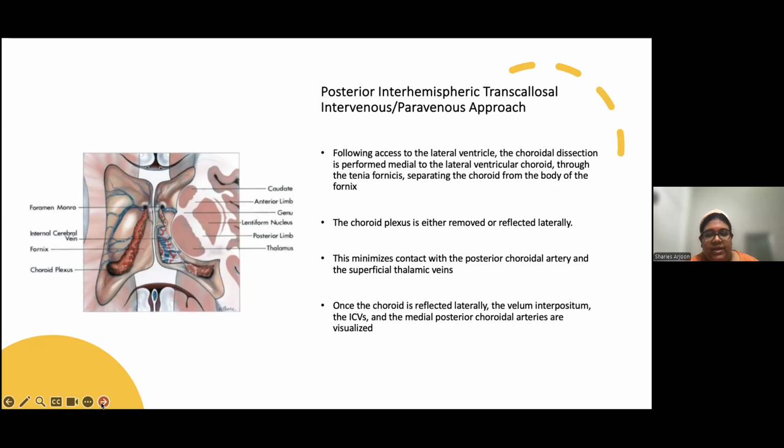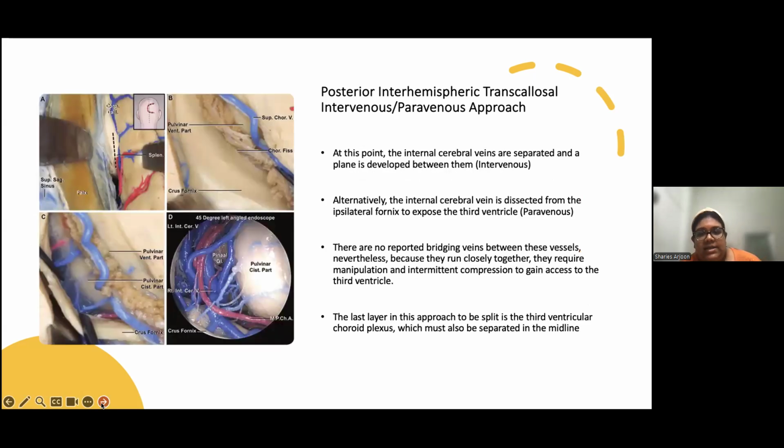Once the choroid is reflected laterally, the velum interpositum, the internal cerebral veins, and the medial posterior choroidal arteries are visualized, as we could see in the diagram. At this point, the internal cerebral veins are separated and the plane is developed between them.